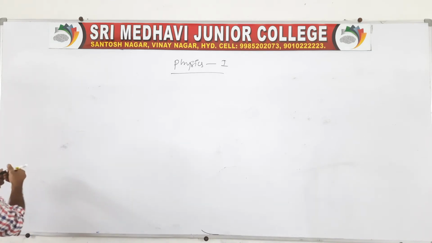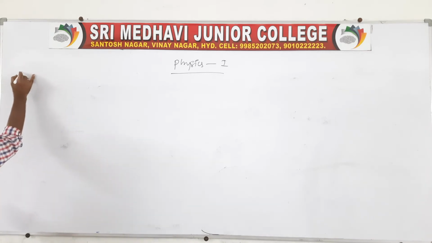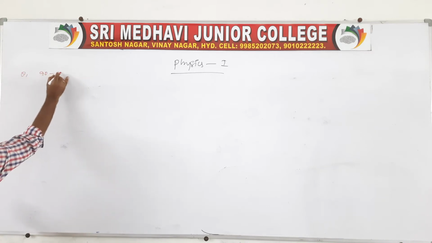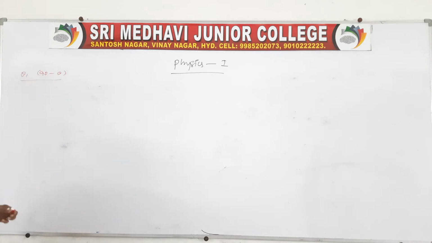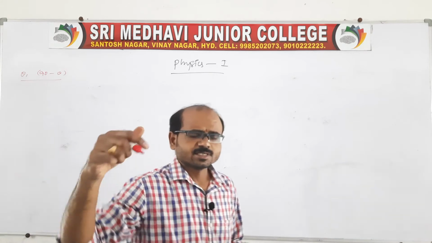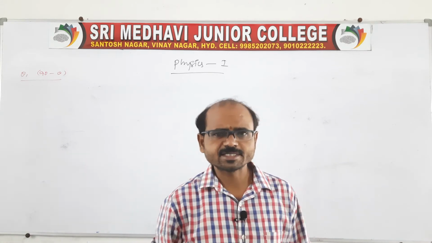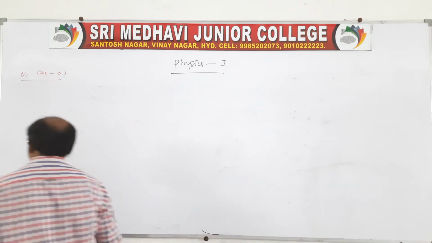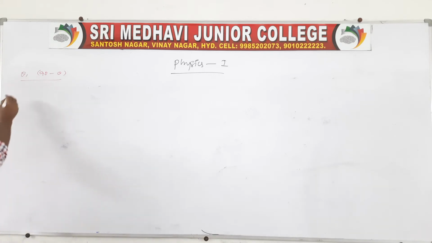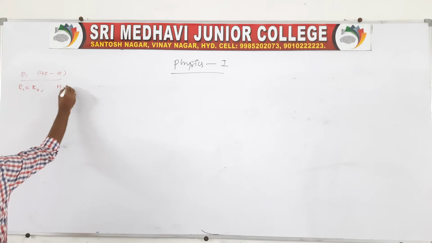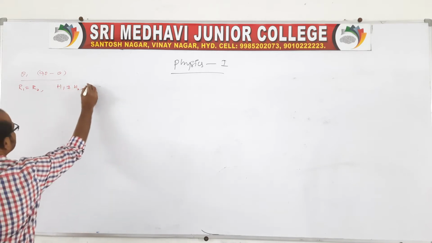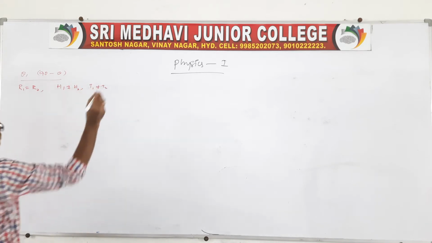For complementary angles, the angles are theta and 90 minus theta. For these complementary angles, very simple, the ranges are the same, but the maximum heights are not equal and the time of flights are also not equal.